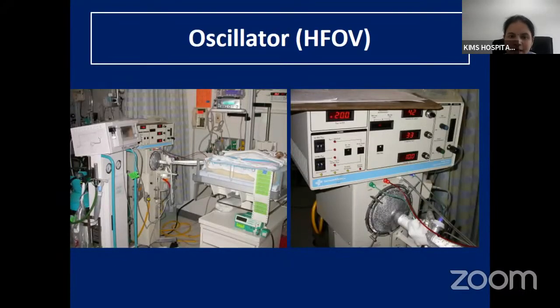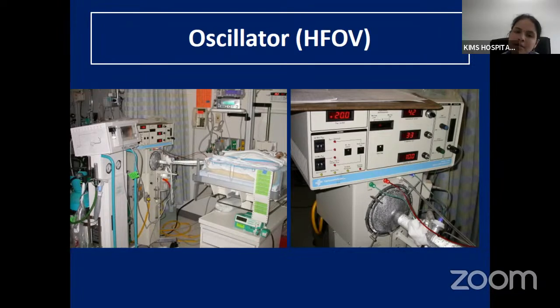Moving on now to the second type of high frequency ventilation, which is high frequency oscillation. This is a picture of the SensorMedics device, which is an exclusive high frequency oscillator. This ventilator has a specific membrane or diaphragm that oscillates to and fro in order to generate high frequency oscillation breaths.